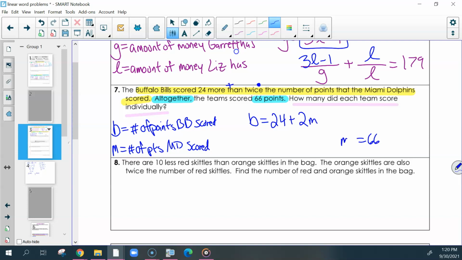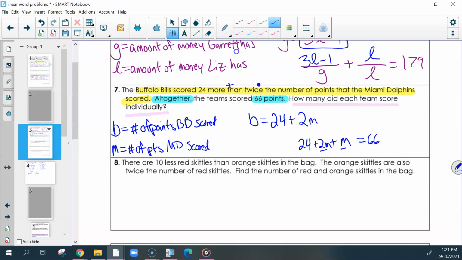That means whatever the Miami Dolphins scored plus whatever the Buffalo Bills scored. But we know that the Buffalo Bills scored 24 more than 2 times however many points the Miami Dolphins scored. So this would be my equation.